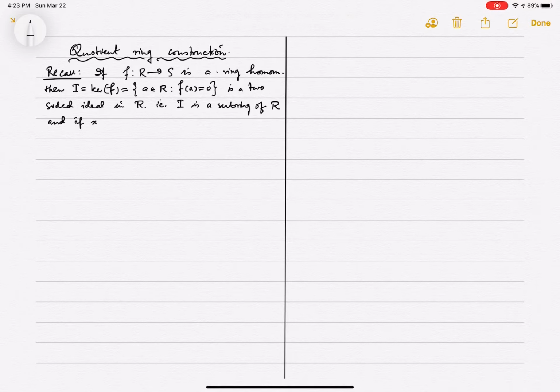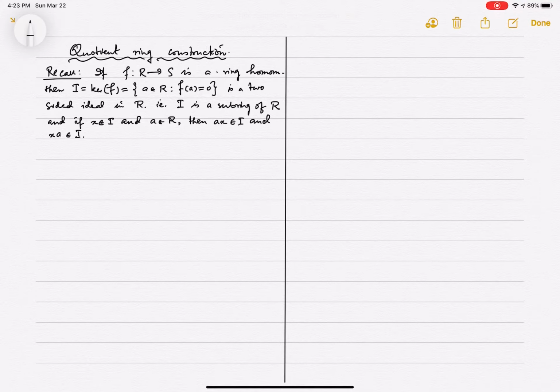If you take an element of I and any element of the ring whatsoever, then the product of these two things in either order belongs to I again. So kernels of homomorphisms are two-sided ideals.